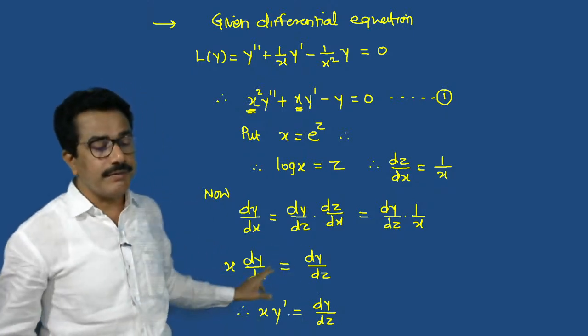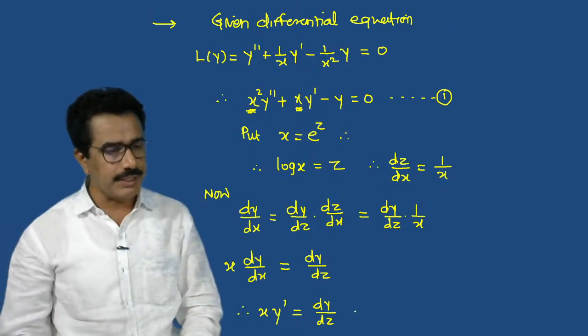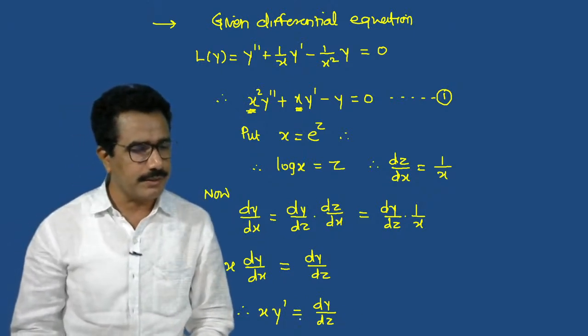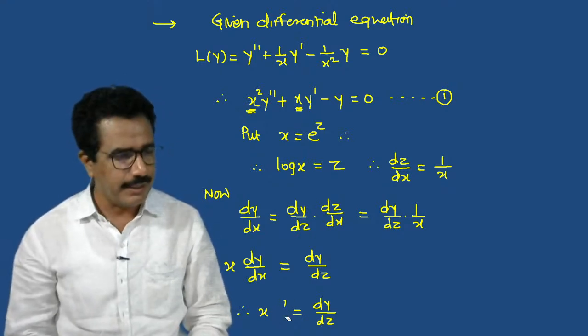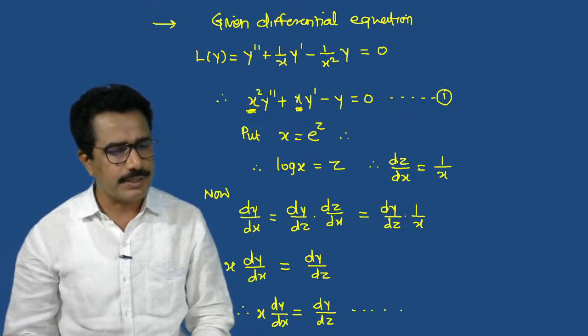Remember, here y dash means the derivative with respect to z. Suppose this is equation number 2.